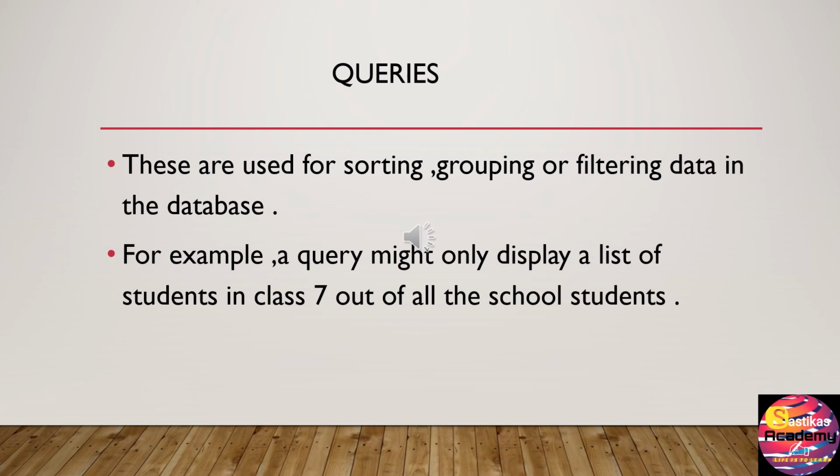In MS Access also you can select a field name. For example, the query might only display a list of students in class 7 out of all the school students. If you only need the information of class 7 students, this query helps you to retrieve that particular record.